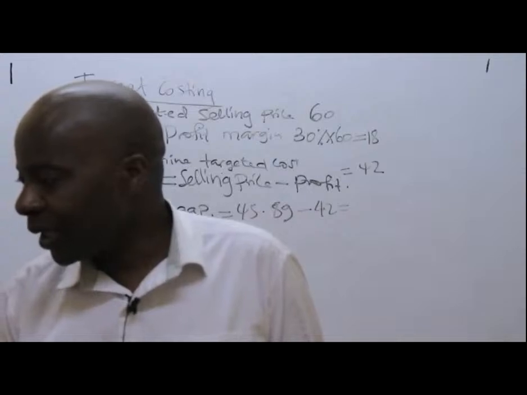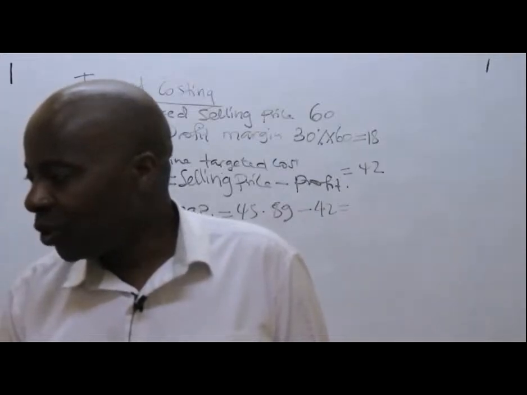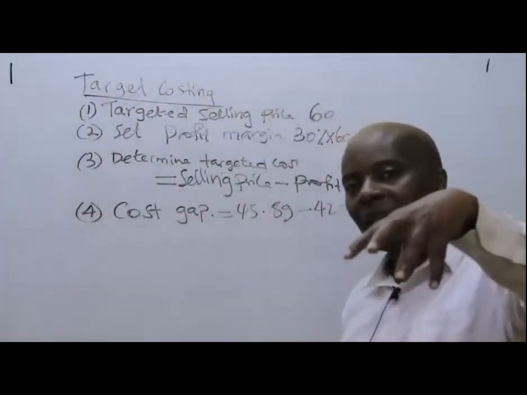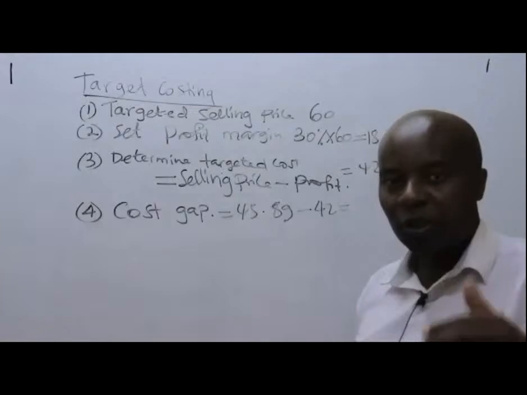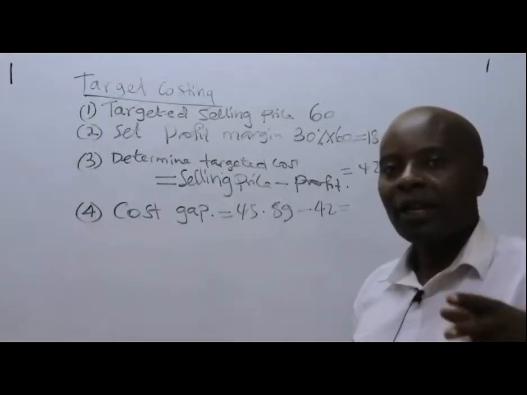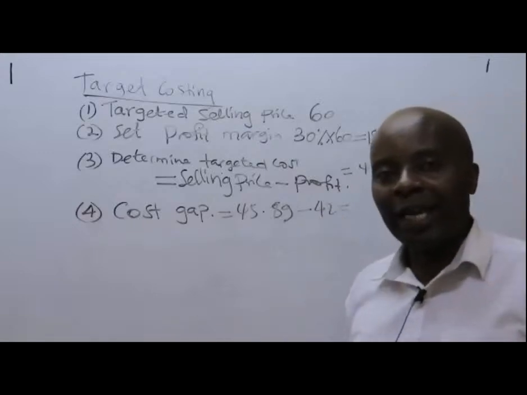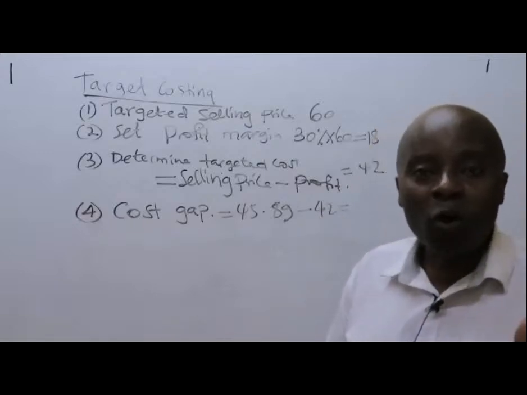Ladies and gentlemen, how do we get the cost gap? You take the manufacturing cost, all of those costs associated with producing the product, minus the targeted cost. And then of course, you'll be able to get the cost gap.